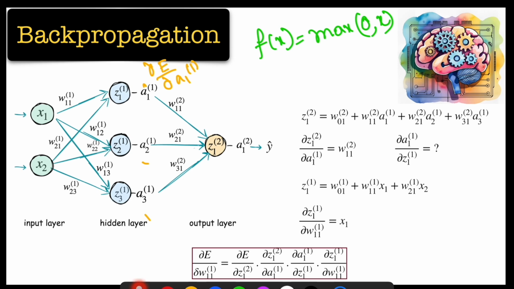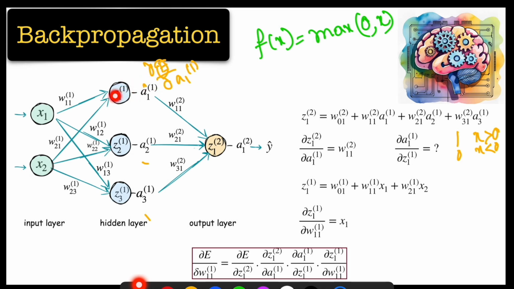So del a11 del z11 will be 1 if x is greater than 0, it will be 0 if x is less than 0, and it's undefined at 0. So it depends on the activation function. Based on the activation function we can calculate del a11 del z11.